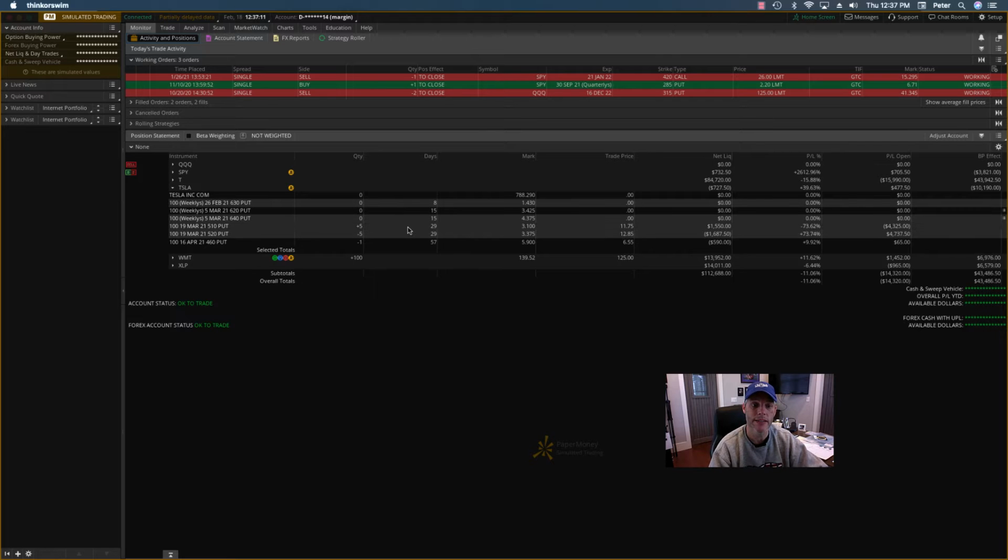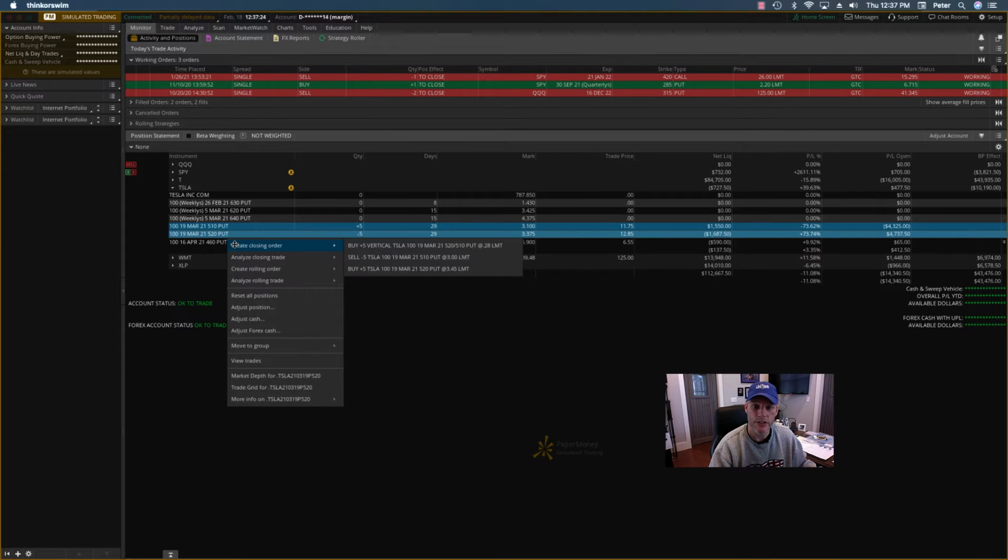Let's wait and see if we get a red monthly. If we get a red monthly, then we'll most likely give up all this profit, because if we look at this, let's create a closing order here and see. We'd have to buy these back at 28 cents, so that would be roughly $1.50 for all five of them.